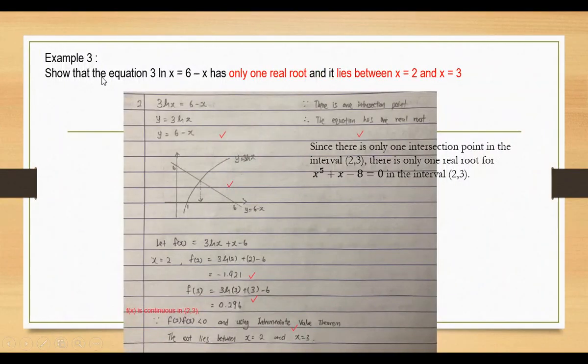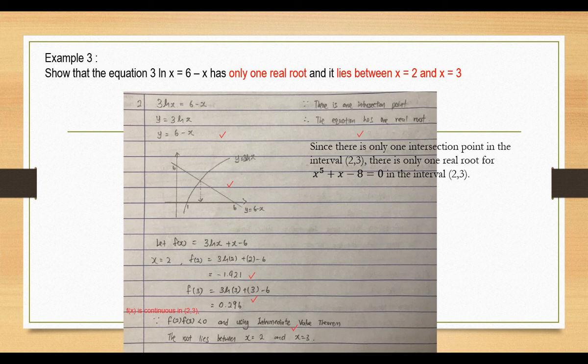Okay, now show that the equation 3 ln x equals 6 minus x has only one real root, and it lies between x equals 2 and x equals 3. Meaning that if we have to show the equation has only one real root, we use the graphical method, so we have to sketch the graph.